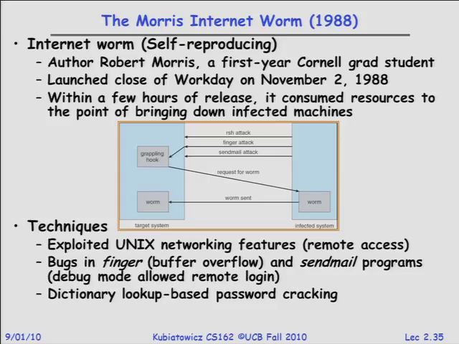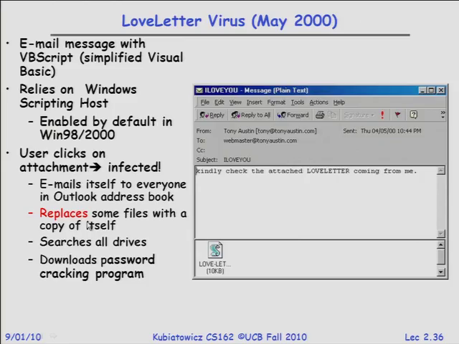So 2000 was one of the first PC viruses that really went all over the place. There were many of them before, but with the love letter virus, basically you got an email that said, please check the attached, and then you'd click on it, and it would be a Visual Basic script that would download and infect your machine, and it would email itself to everyone in your Outlook address book. It would replace files on your computer, download passwords, and so on, and crack them.